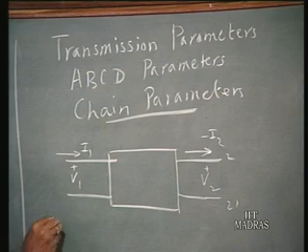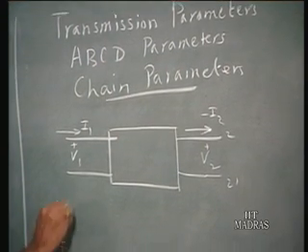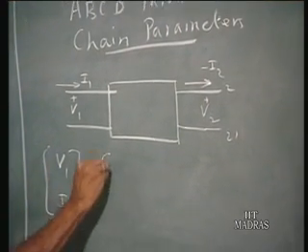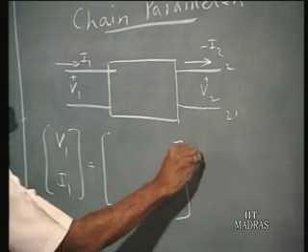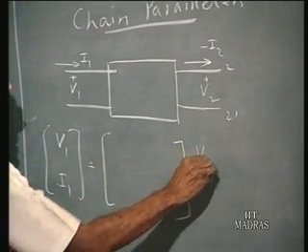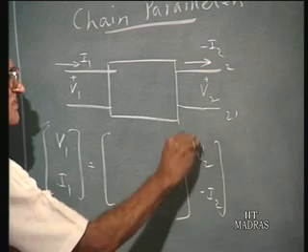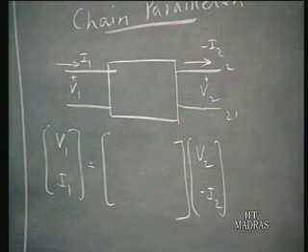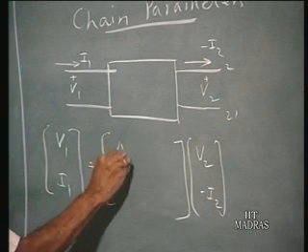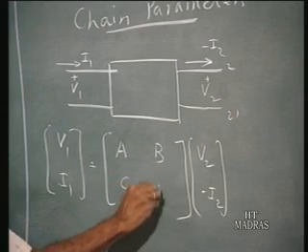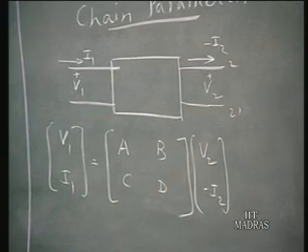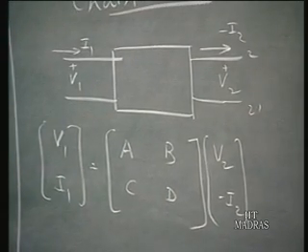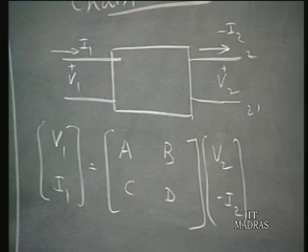So, if we express V1 and I1 in terms of the receiving end quantities V2 and minus I2, then these are related by parameters A, B, C, D. Again, A, B, C, D are functions of S in a general case, and these are called the ABCD parameters. So, that is how these are defined.